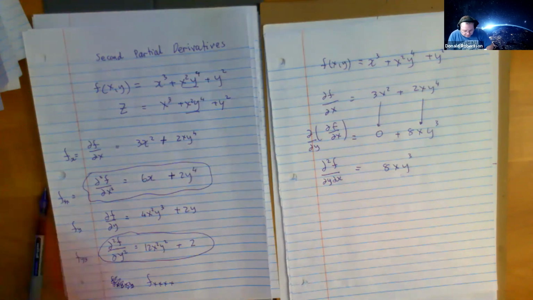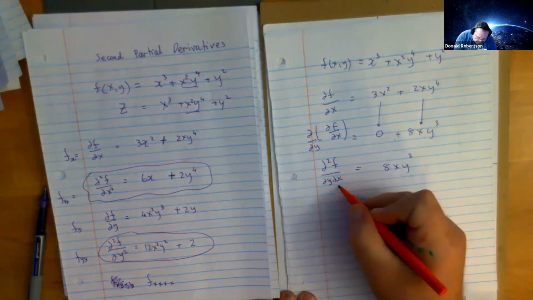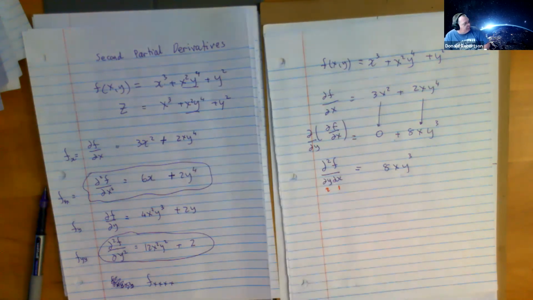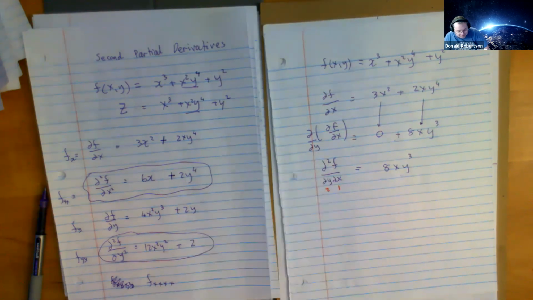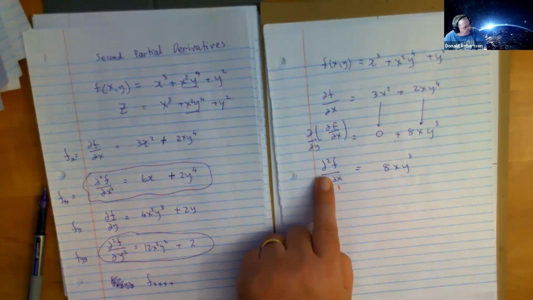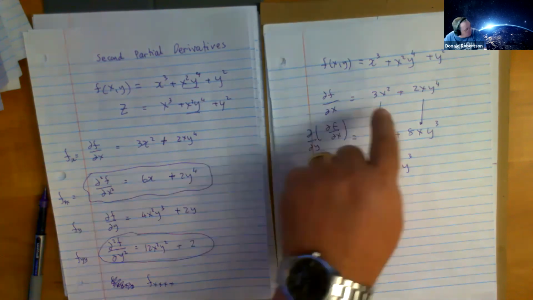Now, why is that not very pretty? Well, you read it from right to left. In other words, if somebody said, do this, I would read that as find the partial derivative with respect to x first, and then find the partial derivative with respect to y. That's exactly what I did there, right?